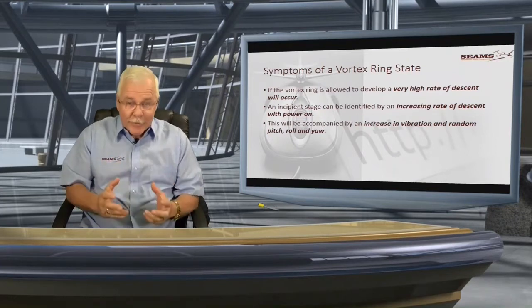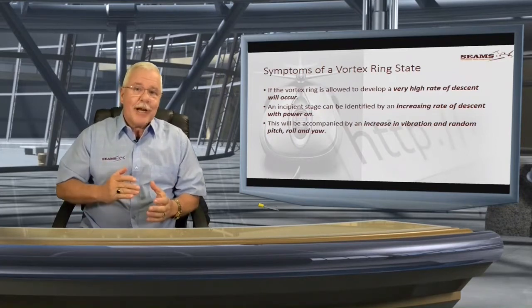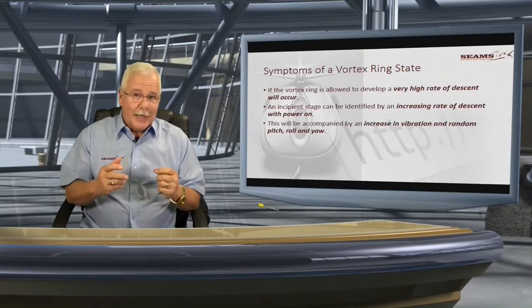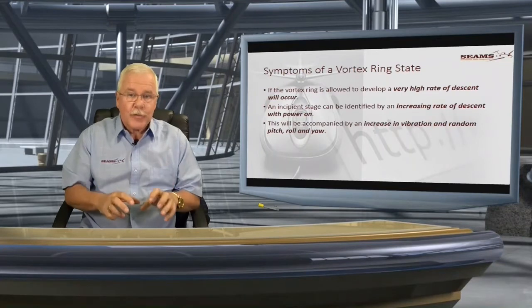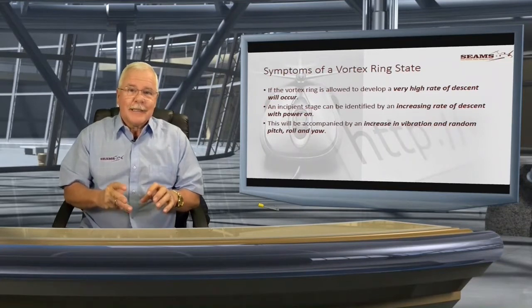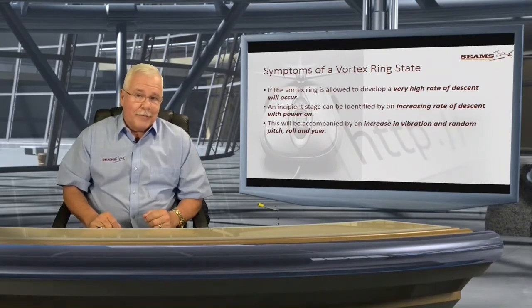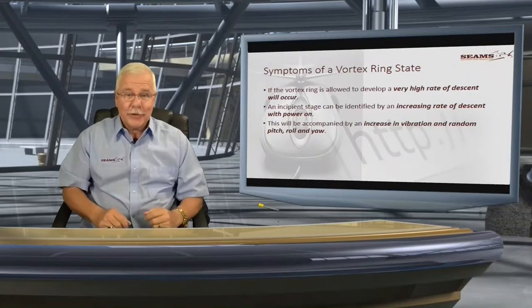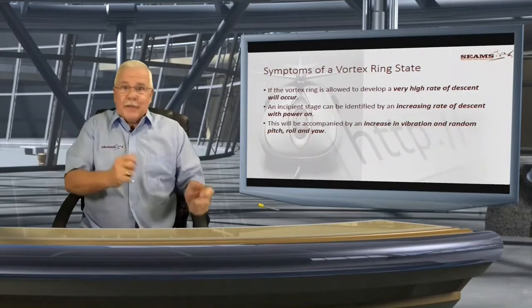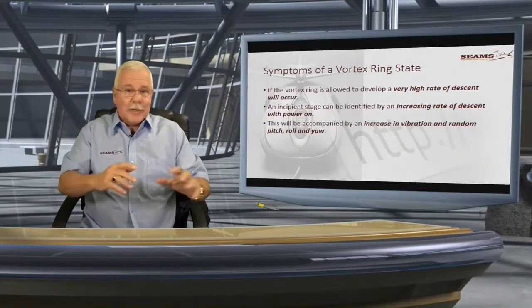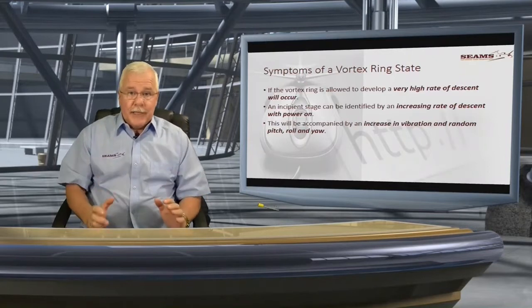But if the recovery action is based on the wrong aerodynamic information, because this is what it's all about, then you might actually increase the chance of having an accident. In fact, many a game pilot has sat outside ground effect in the hover, around 100 foot. All of a sudden they feel the shaking and they see the rotor RPM is low and they think they're in a vortex ring state.